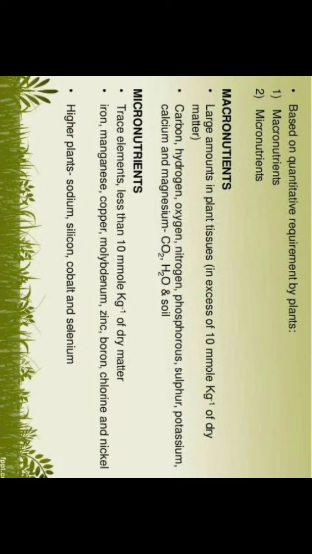Out of these, carbon, hydrogen, and oxygen are mainly obtained from carbon dioxide and H2O, while the others are absorbed from the soil as mineral nutrients. So those are the gaseous nutrients: carbon, hydrogen, and oxygen.